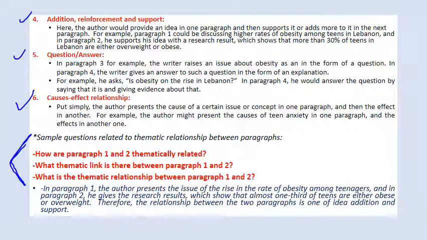A sample answer: in paragraph 1, the author presents the issue of the rise in the rate of obesity among teenagers, and in paragraph 2 he gives research results to reinforce his idea, which show that almost 1/3 of teens are either obese or overweight. Therefore, the relationship between the two paragraphs is one of idea addition and support.